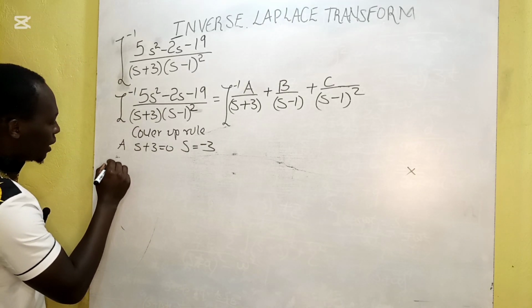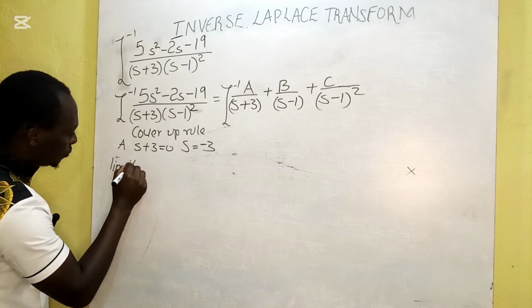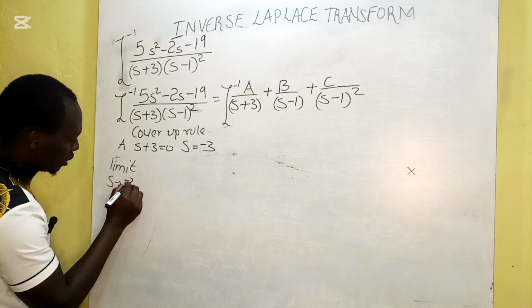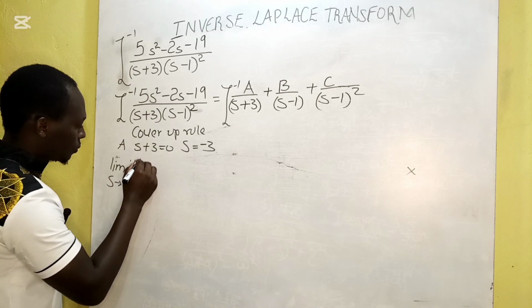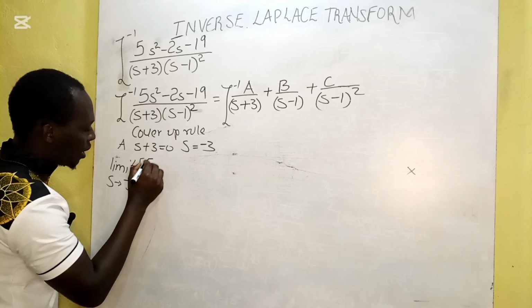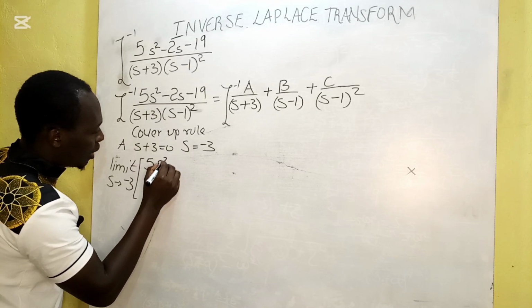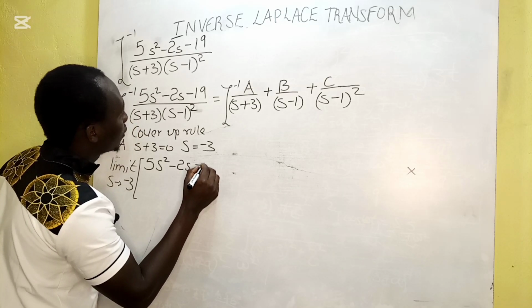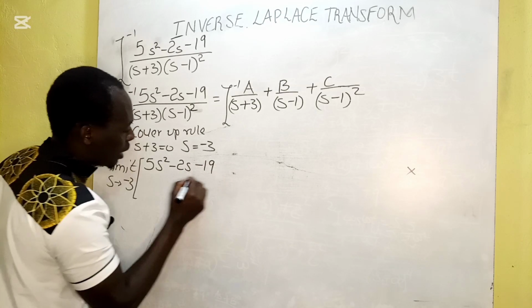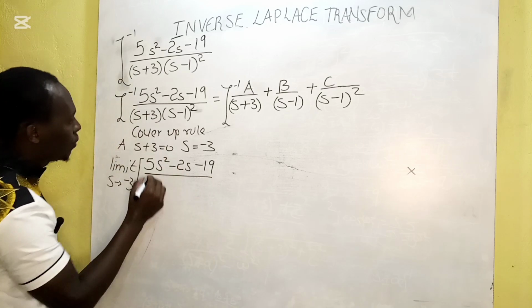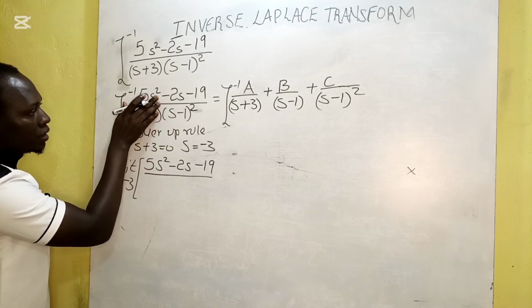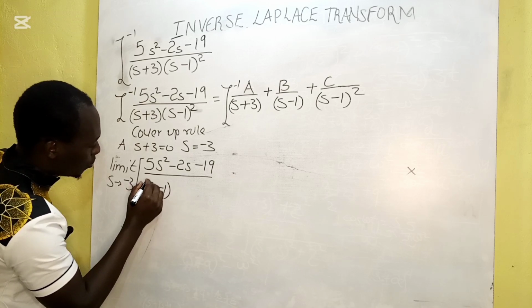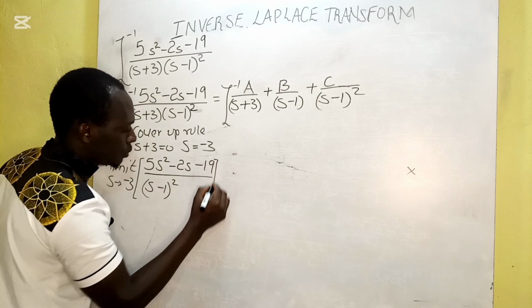We write the limit of s approaching negative 3 of (5s² − 2s − 19) all over, covering this term, (s − 1)².